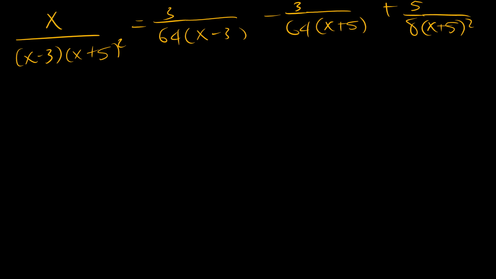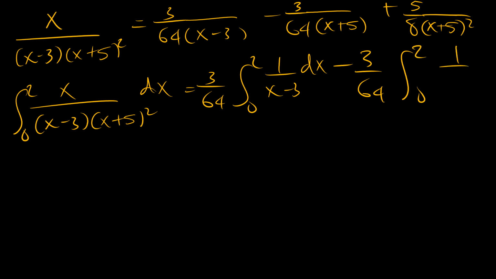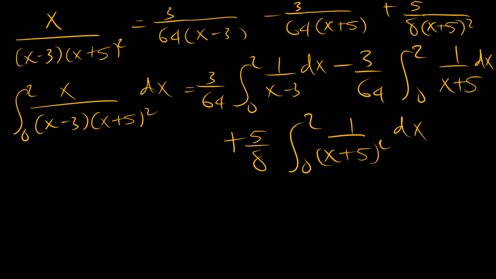So that our integral from x equals 0 to 2 of x over (x minus 3)(x plus 5) squared is the same as 3 over 64, integral from 0 to 2 of 1 over x minus 3, minus 3 over 64, integral from 0 to 2 of 1 over x plus 5, plus 5 over 8, integral from 0 to 2 of 1 over (x plus 5) squared dx. So it's very important to take note here, right? Because this part is negative in this regime, 0 to 2.